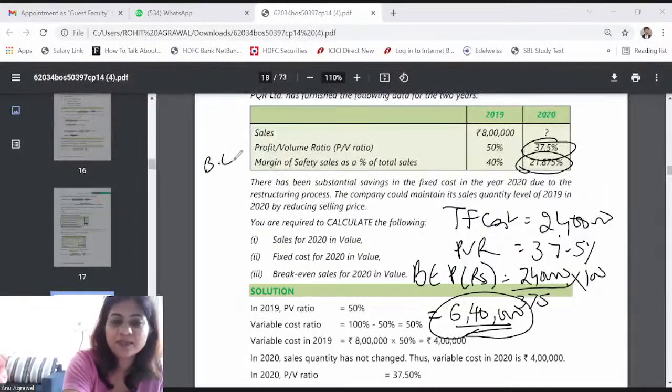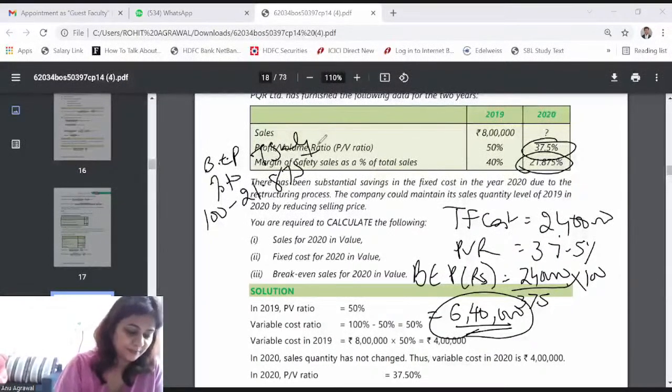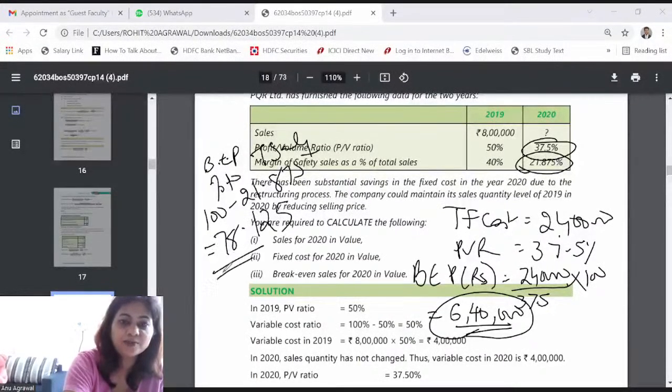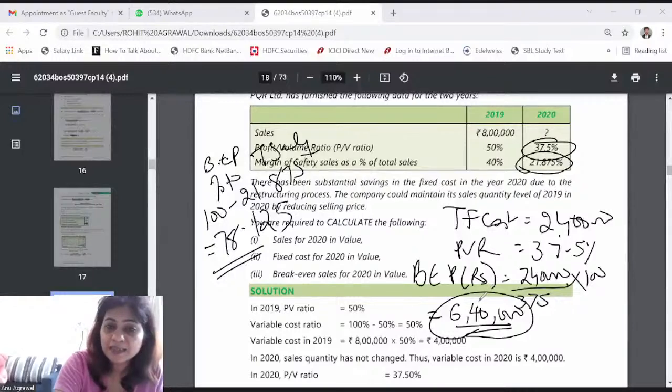That means break even sales as a percentage to total sales will be how much? 100 minus 21.875. Yes or no? How much is it? 78.125. Yes or no? Now that means this 6,40,000 is equivalent to 78.125.